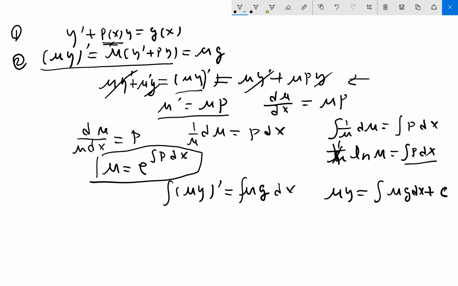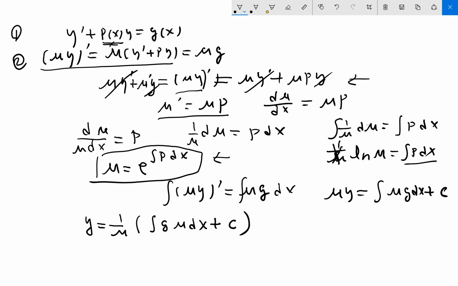So therefore, your y here, you divide mu on both sides: 1 over mu times integral g times mu dx plus c. So if you give me p, you give me differential equation 1, I can use this formula to find mu. Then you give me g and now mu, I can do all those integration, you find your solution.